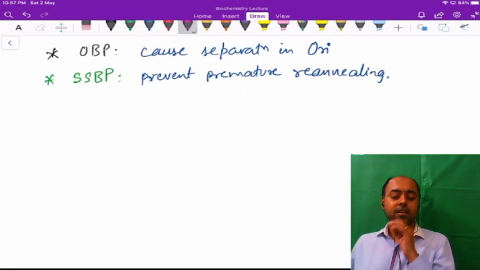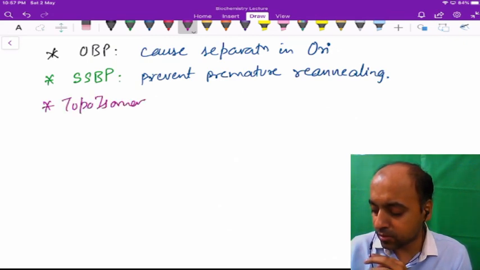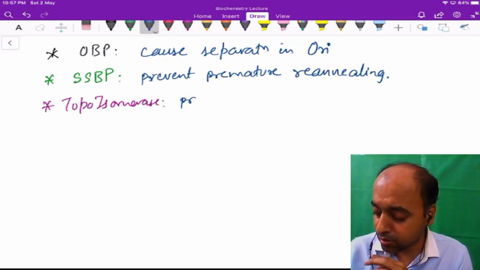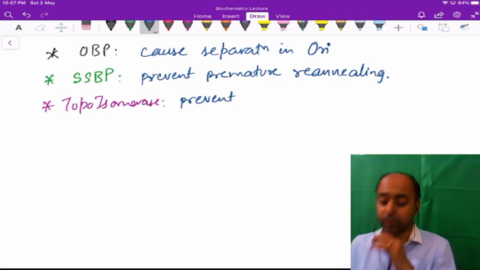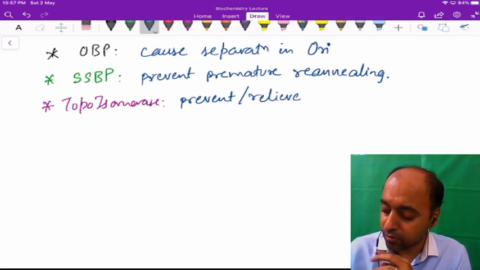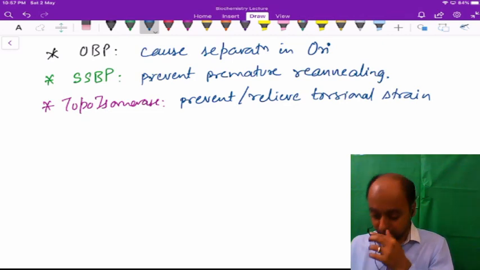Following the single strand binding protein are the class of enzymes topoisomerase. The primary function of topoisomerase is to relieve torsional strain.